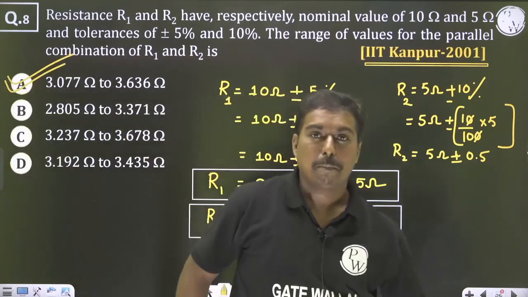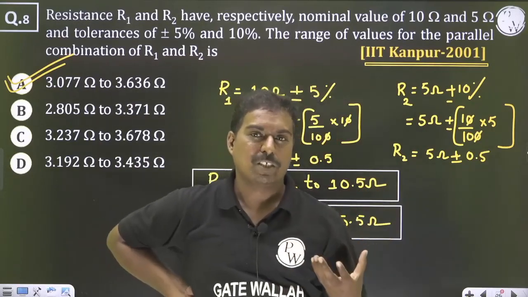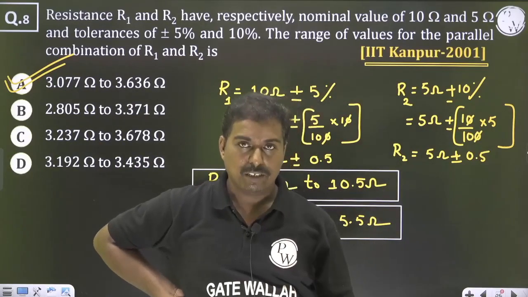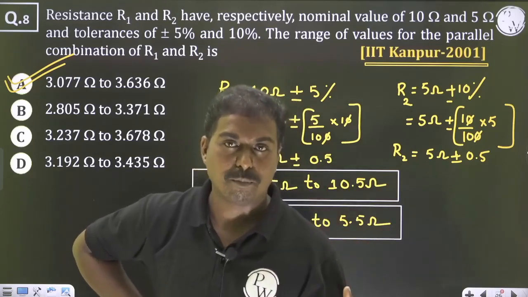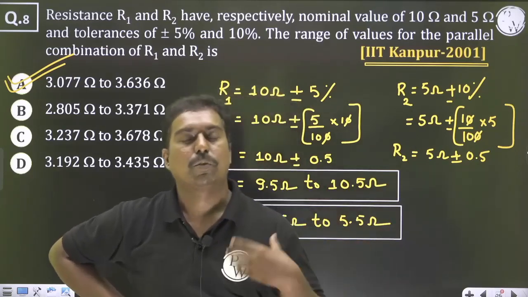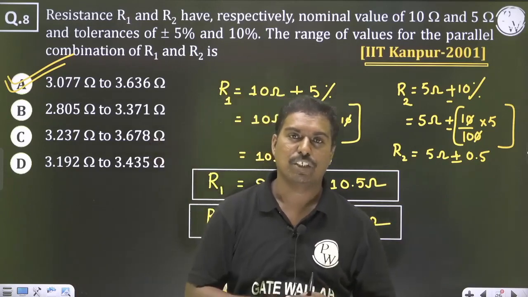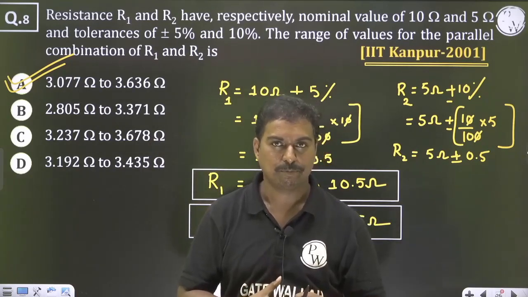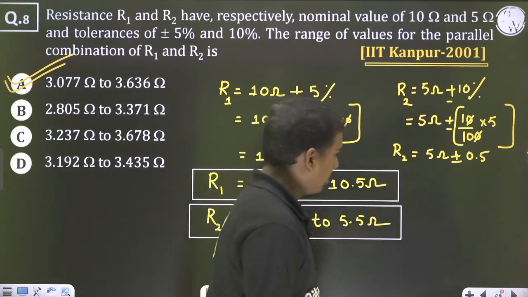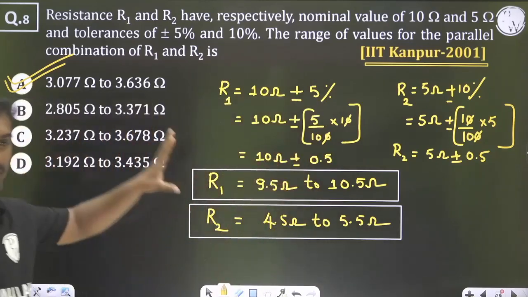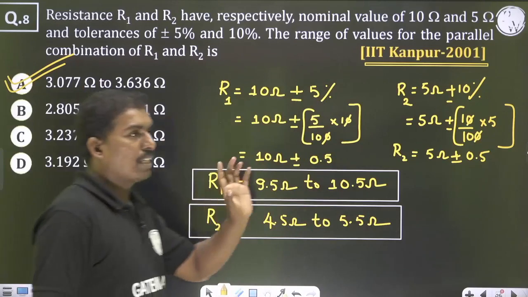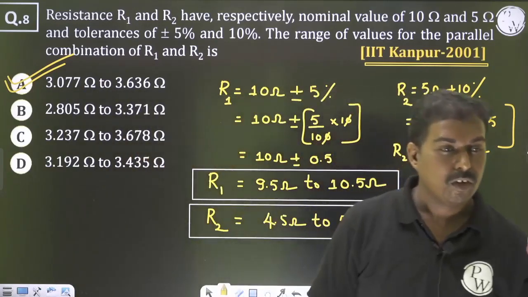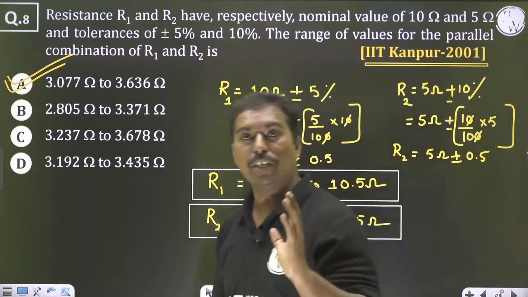But remember, when multiple resistors R1, R2, R3 are given, we can go for the partial differentiation method. 1 by R is equal to 1 by R1 plus 1 by R2 plus 1 by R3. Please remember, every year we get a question on resistors in parallel combination.